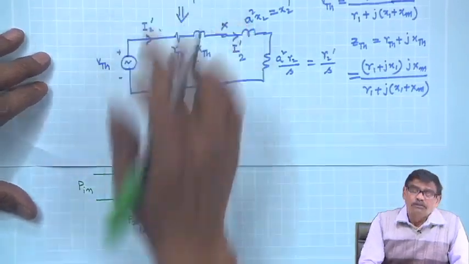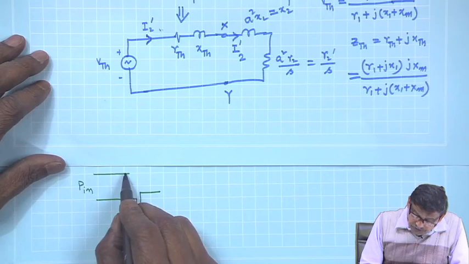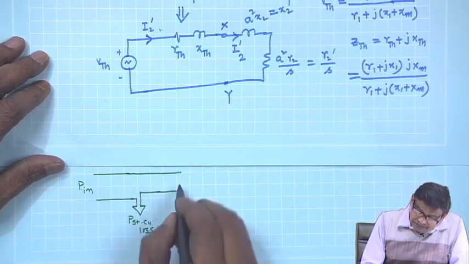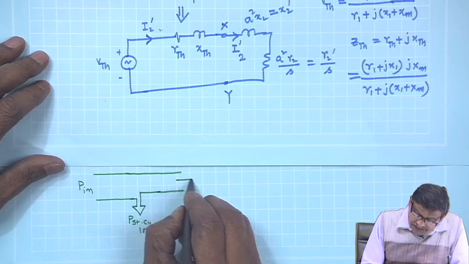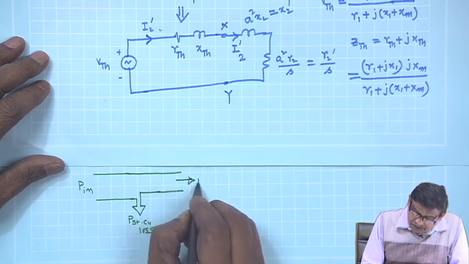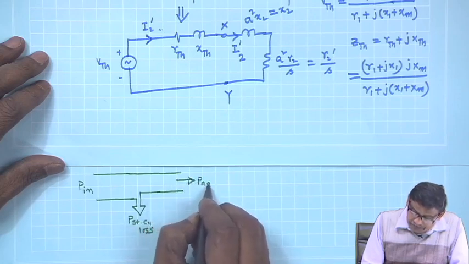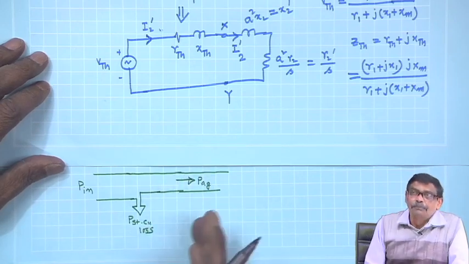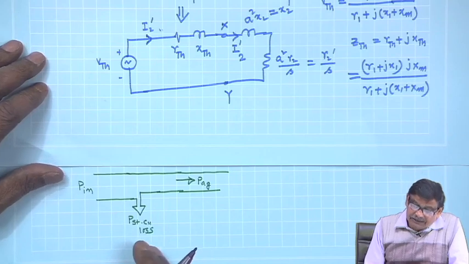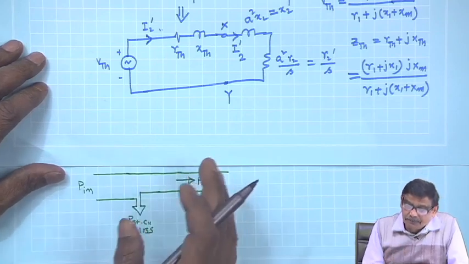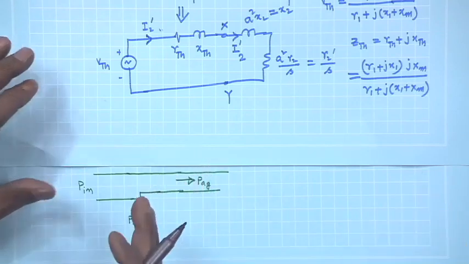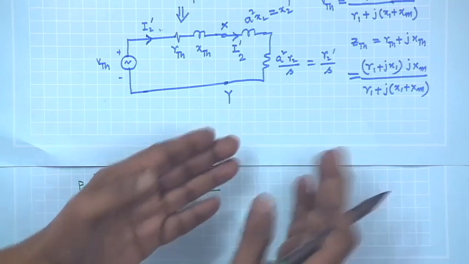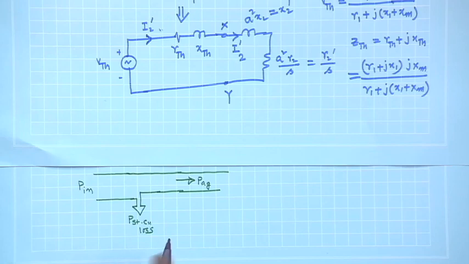There is no core loss; I have not shown any core loss here. So, this power is as if it is crossing the air gap, and this is called P air gap. People think like that: on the stator I have given supply, then that real power has as if crossed the air gap and entered into the rotor.